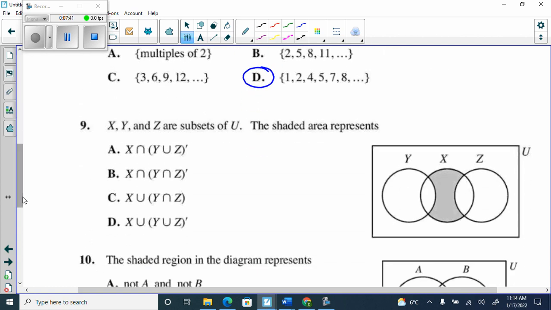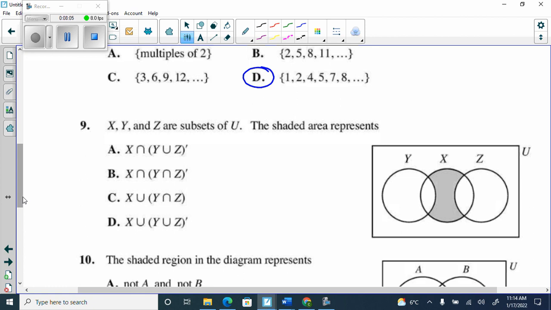Here it says X, Y, and Z are subsets of U. The shaded area represents what? So X, but not Y and Z, and when we use but not it is and, right? Or I would shade X and then I get more. If there's only a little bit of shading, 99% of the time it's an and. It's an intersection.